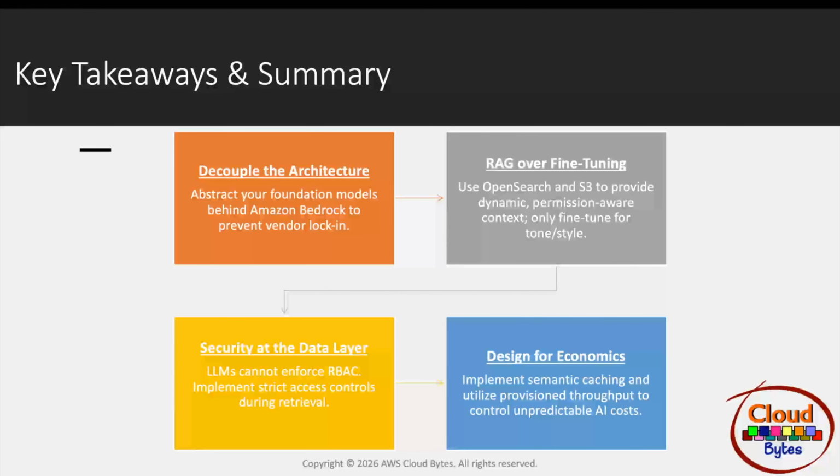Finally, treat token consumption like an infrastructure bottleneck. Implement semantic caching early, or your GenAI features will become a massive financial liability. By structuring your system this way, you can transition from a fragile science experiment into a hardened cloud-native enterprise platform.